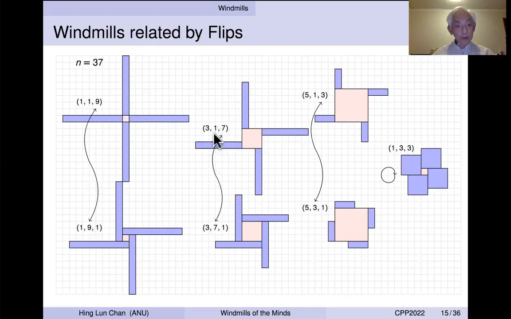The same for this one, 1 times 7 flip to 7 times 1. So these two triples will be related by flipping. And same for this one, 1 times 3 and 3 times 1. For the last one, as you can see, because the rectangular arm itself is a square, flipping is just itself, and we call this a fixed point.